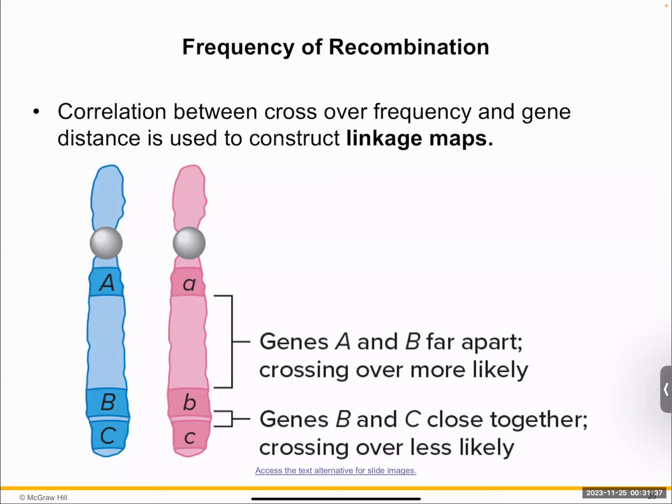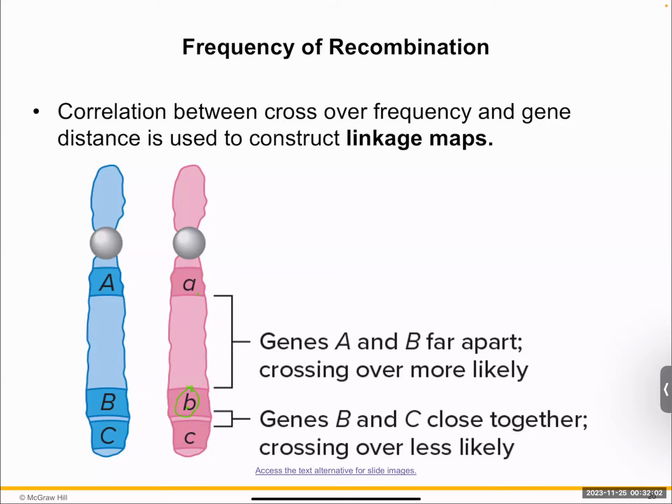So, for instance, if you look at the genes A, B, and C, A and B are very far apart from each other and therefore can complete the process of crossing over. They cross over, and there is a chance of recombination.